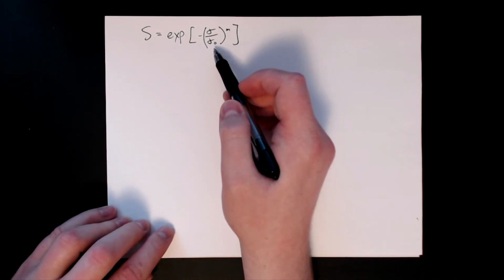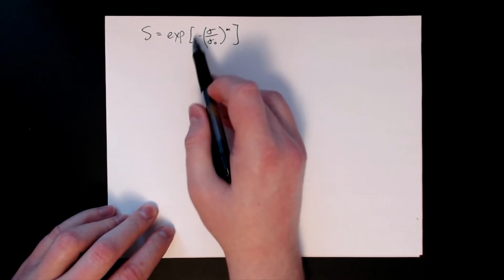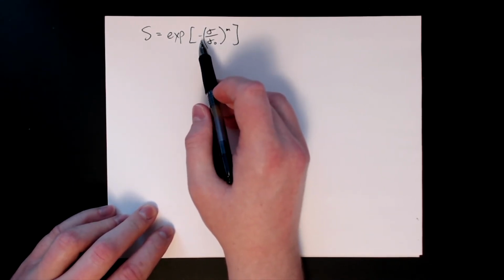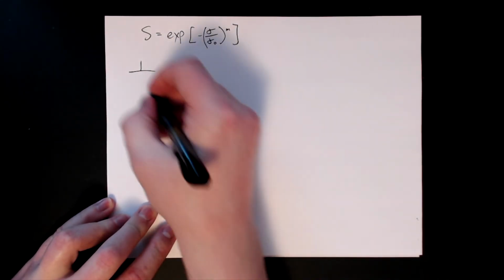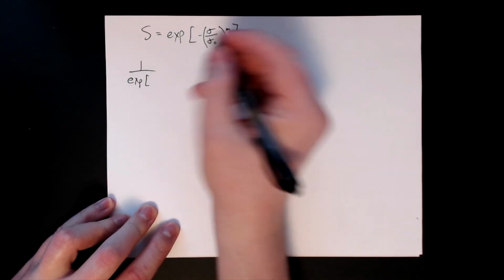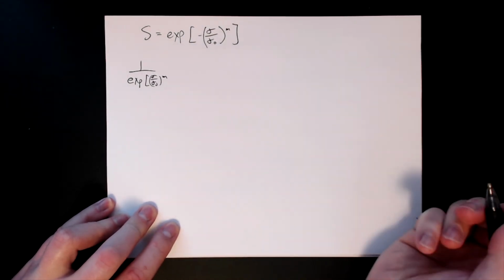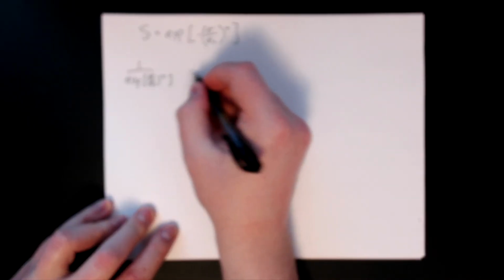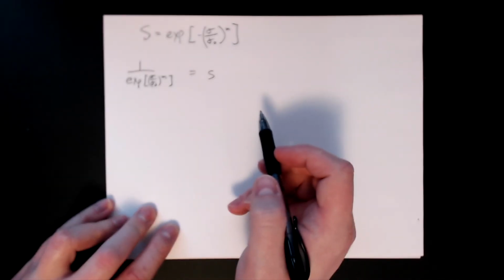Okay. So the first thing that we're going to do is there's a negative in here. I can get rid of that by using the negative exponential rule. So if I take 1 over the positive of that form that you see, that is the same as what we have up here, and that's still going to be equal to s.